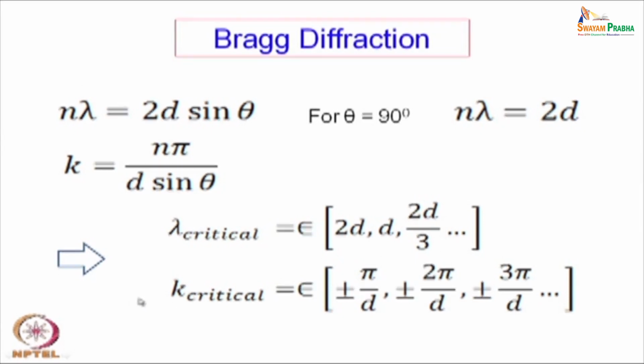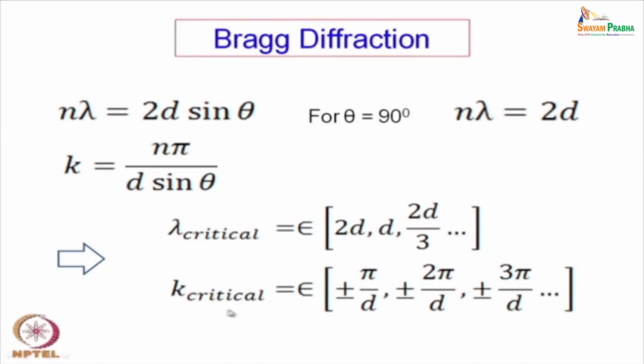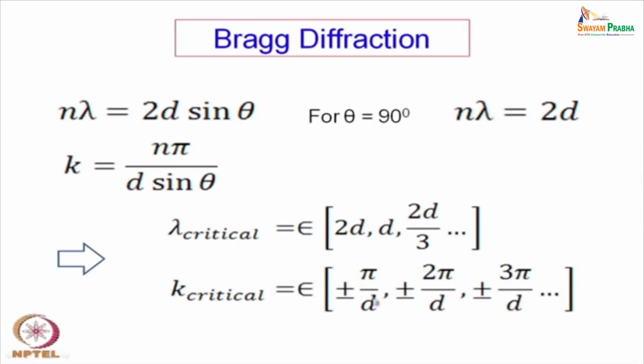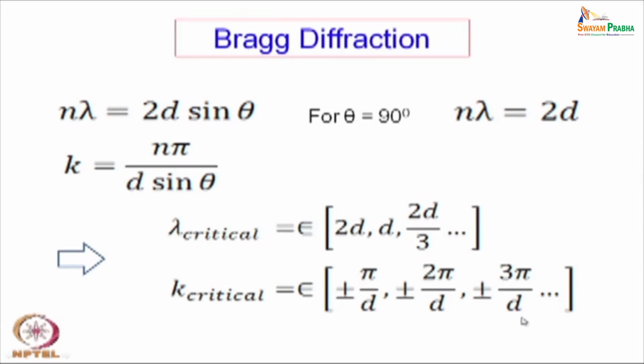When converted to the critical values of k in k space, the wave vectors, these will be plus minus pi by d, 2 pi by d and 3 pi by d. These will be clear when we go to the next figure.